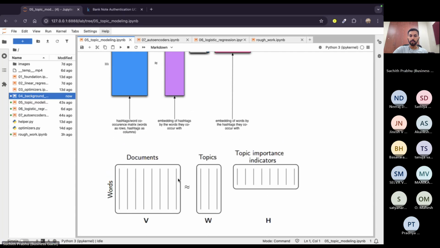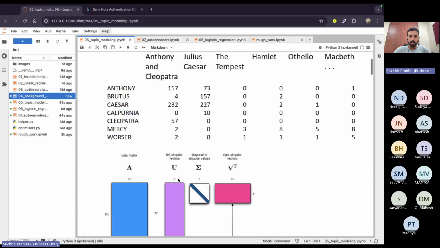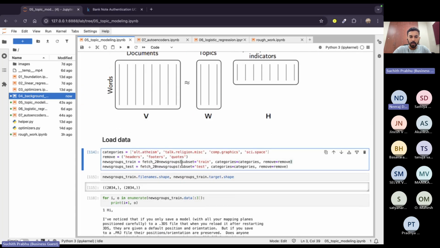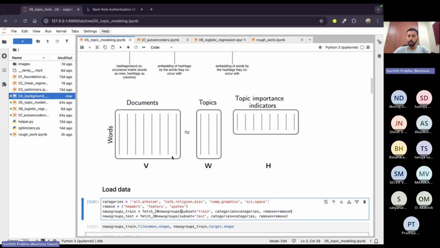Okay, so is this clear? So for this example, how do we decompose matrix V into W and H? What we'll be doing here is we'll initialize W and H randomly, like how we initialize a neural network.